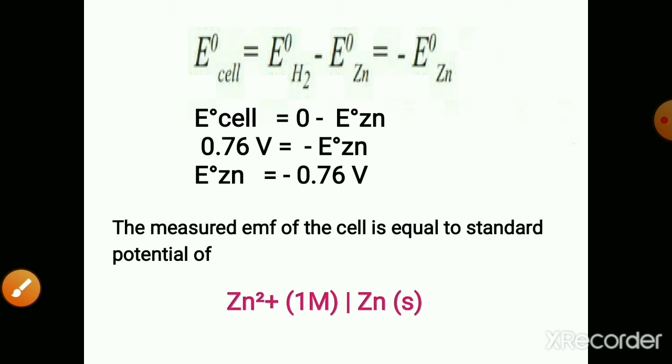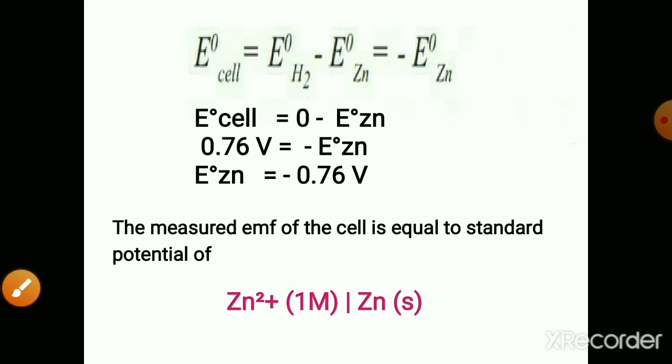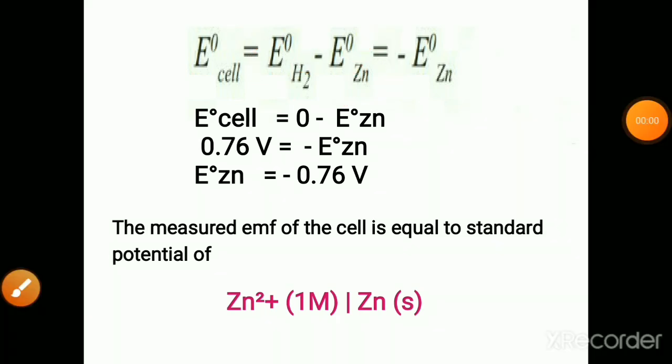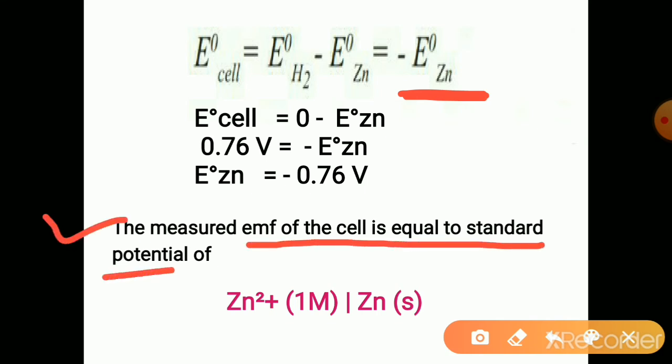So in this way, by connecting one of the electrodes as a reference electrode, we can determine the electrode potential. The measured EMF of the cell is equal to the standard potential of zinc electrode.